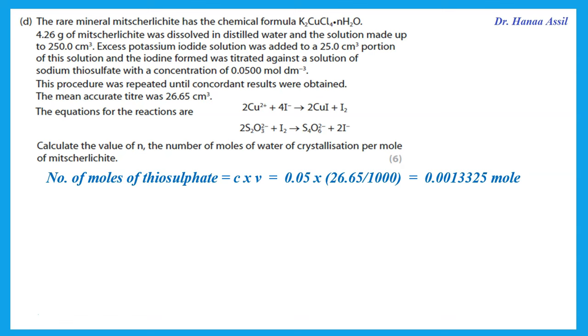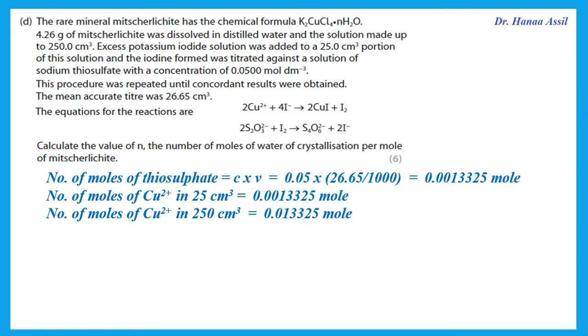The second equation says that the number of moles of iodine should be half of the thiosulfate. 2 thiosulfate reacts with 1 of iodine. So the number of moles of iodine should be half of this. But then that first equation says the number of moles of the copper 2 plus should be twice that of the iodine. So overall, the number of moles of the copper 2 plus is actually the same as the thiosulfate. Now this is in the 25 centimeter cube portion.